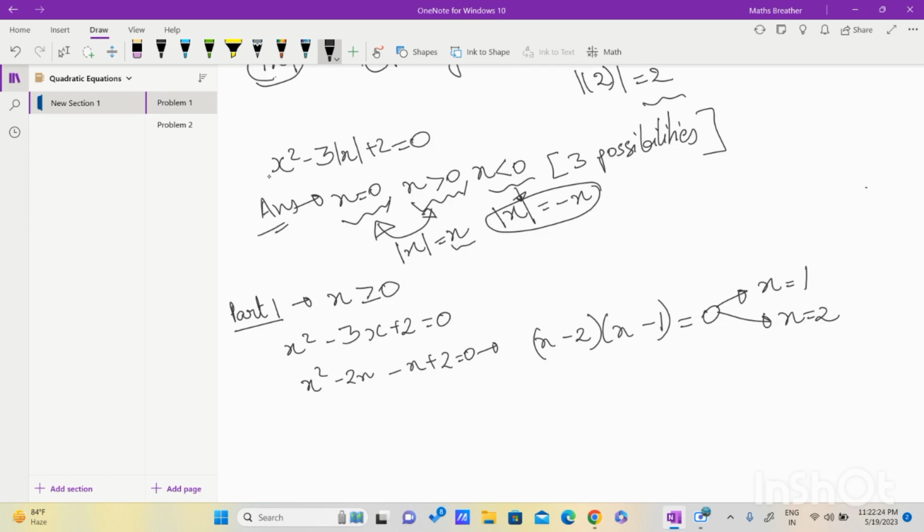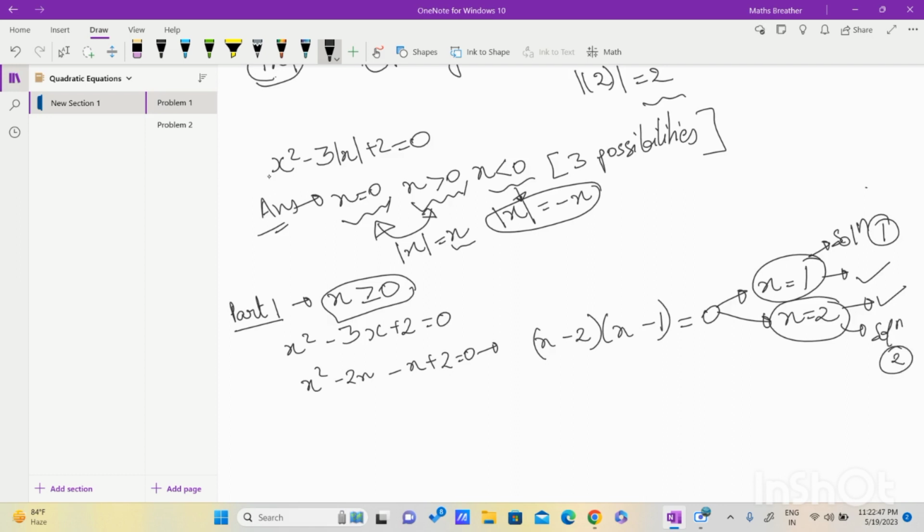Now the primary assumption here was that x must be greater than or equal to 0. Is x following that condition? Yes. So both are valid solutions. So we have got a solution 1, then we have got a solution 2.